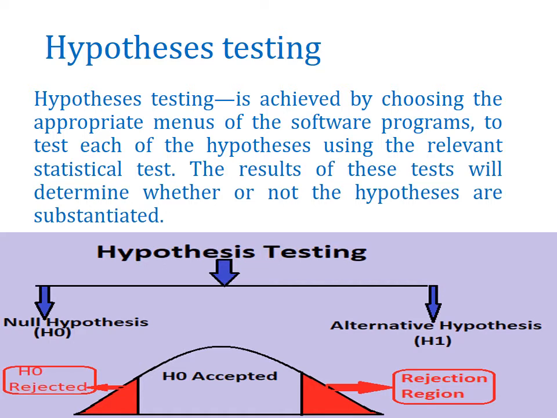After using the relevant program for the test, the researcher receives results and can determine whether their statement of relationship is sustained or not, rejected or not rejected, with the null hypothesis and the alternative hypothesis.